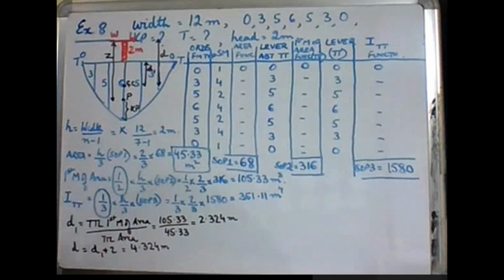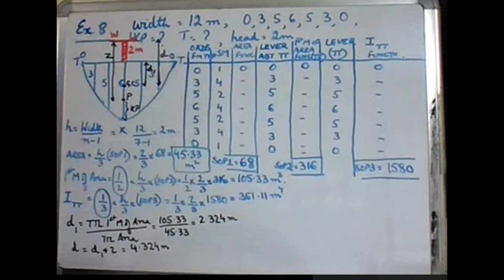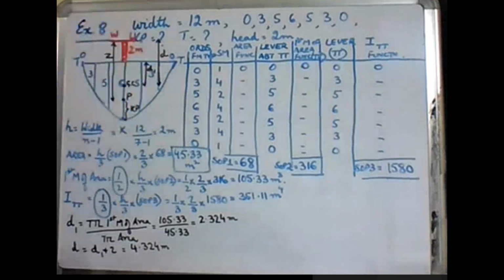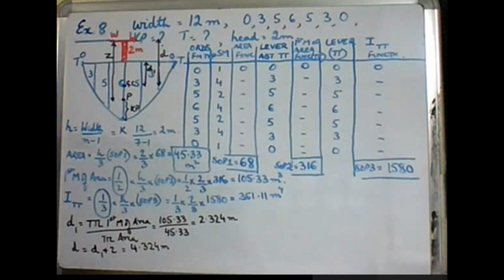Now I have ITT. I need IWL. The theorem of parallel axis says IGC, if I want to go to WL, then I add AD square. But the theorem of parallel axis will not take me directly from TT to WL. I'll have to first come down to GC and then take it up to WL. That is what theorem of parallel axis is all about.